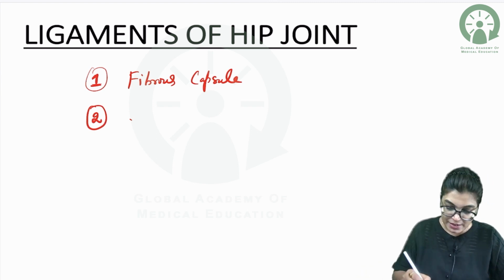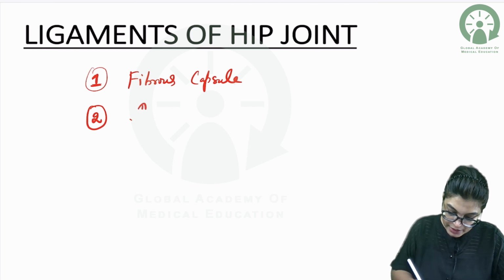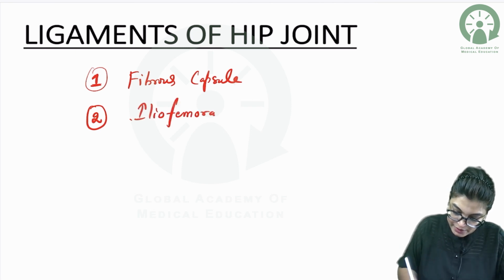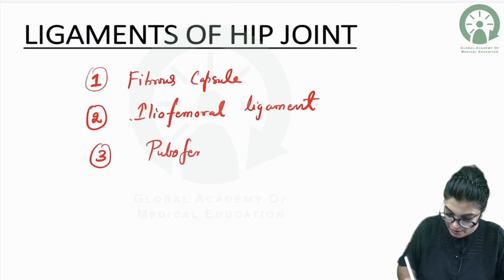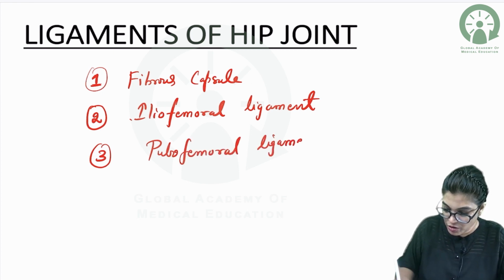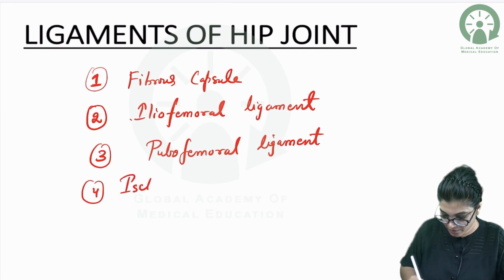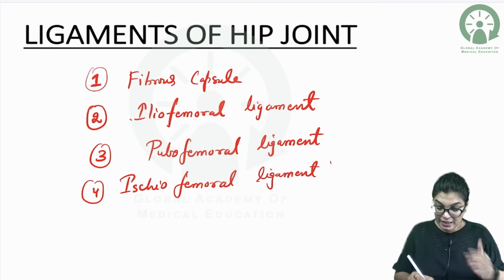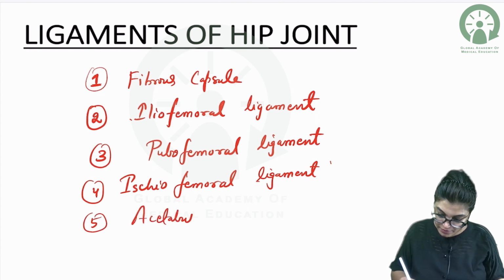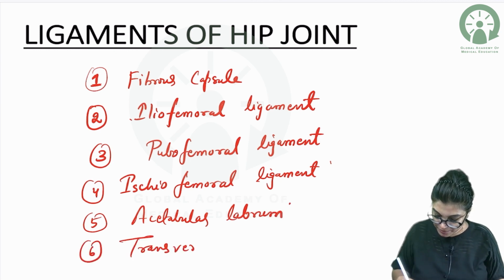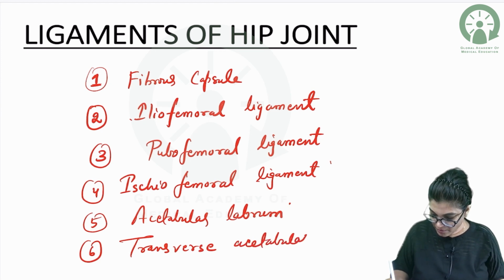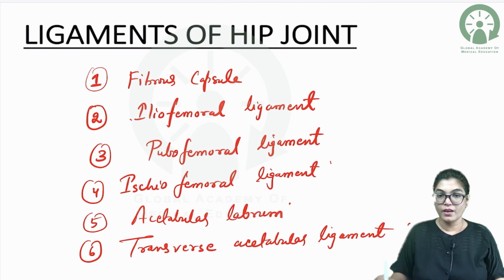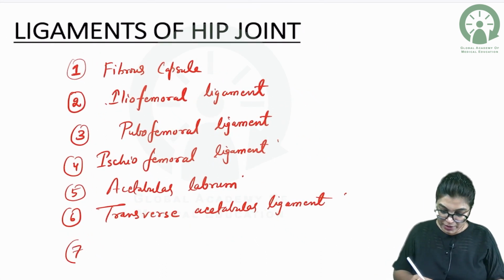The important ligaments are fibrous capsule, iliofemoral ligament, pubofemoral ligament, ischiofemoral ligament, acetabular labrum, transverse acetabular ligament, and round ligament of hip joint.